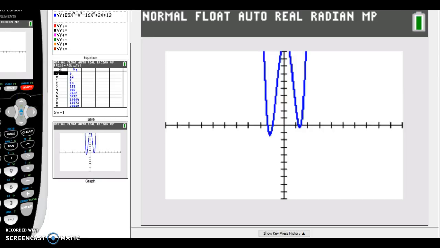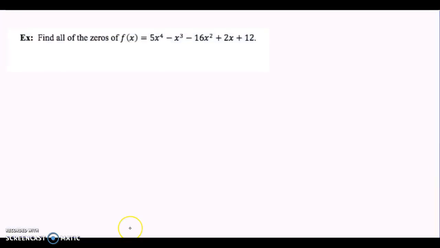Notice where my zeros are on the graph. On the graph, it looks like it's about -1, and it also looks like it's about, I don't know, -1.5 something. So let me go back here. It looks like my roots could be at -1, and it could be at negative 5. I'm sorry, negative 1.5.